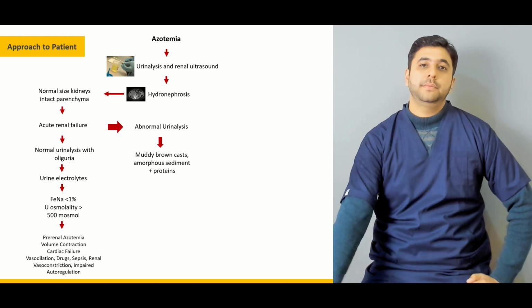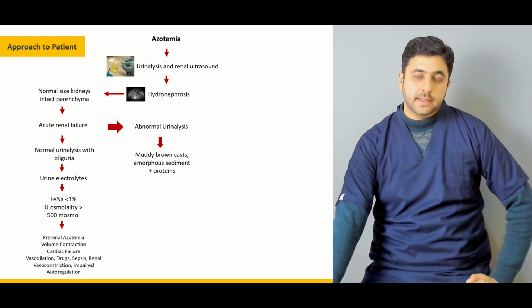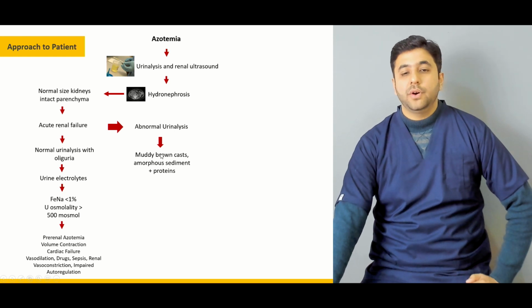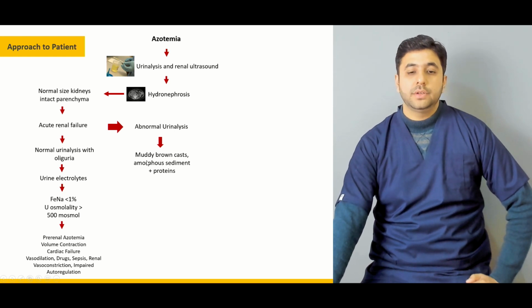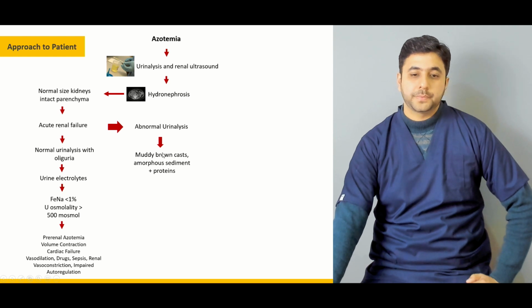Because we can find some things in the urine analysis which can give us an idea of what is going on in the kidney. If on the analysis of the urine you found out that there are certain casts, especially muddy brown casts, or these are also called the renal epithelial casts. These casts are formed because of the necrosis occurring of the tubules.